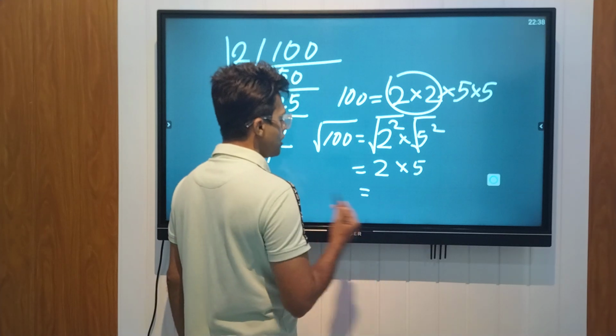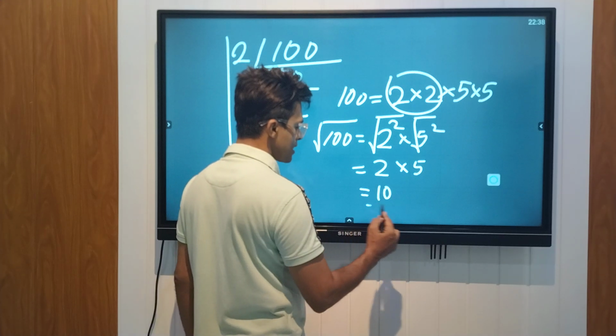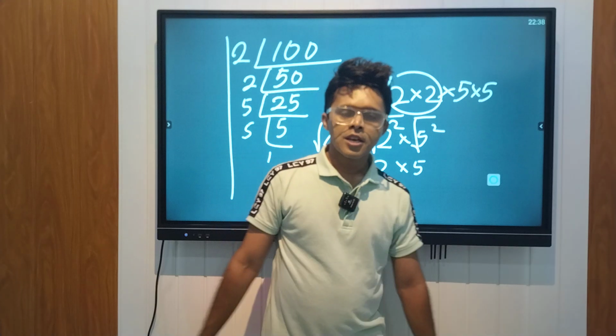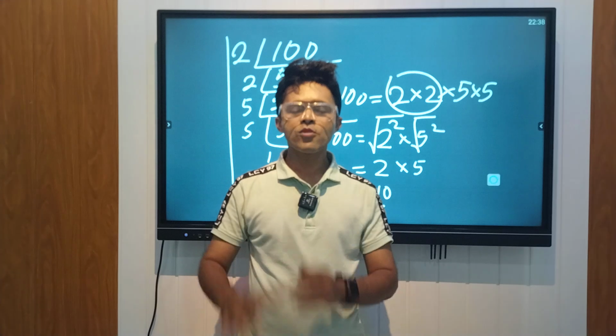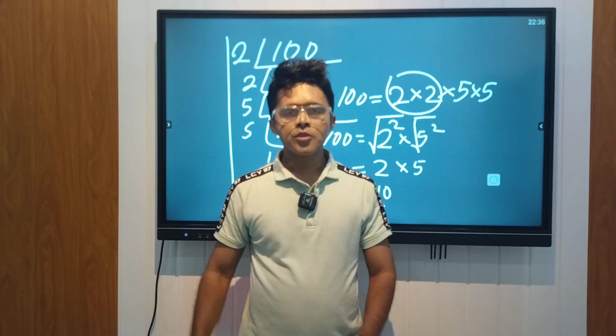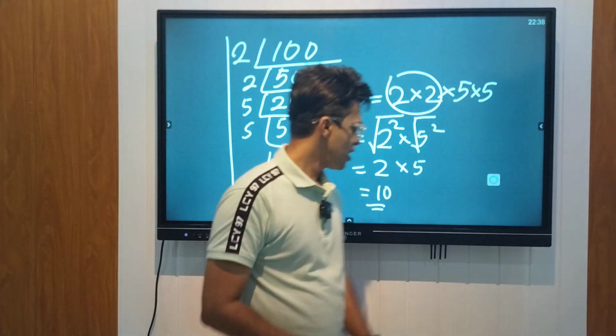The square root of 2 squared equals 2. The square root of 3 squared equals 3. You could remove the square, then the answer can be taken. The square root of 5 squared is 5. Likewise, the square root of 2 squared is 2 and the square root of 5 squared is 5. Therefore, the square root of 100 is 2 times 5, which is 10. So this is the method of getting the square root of square numbers using prime factors.